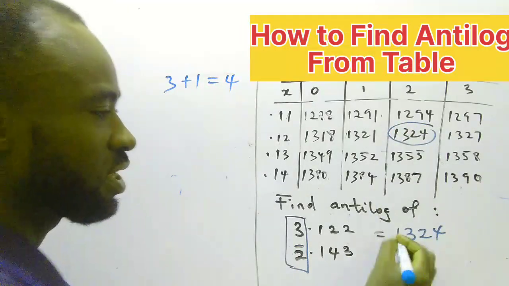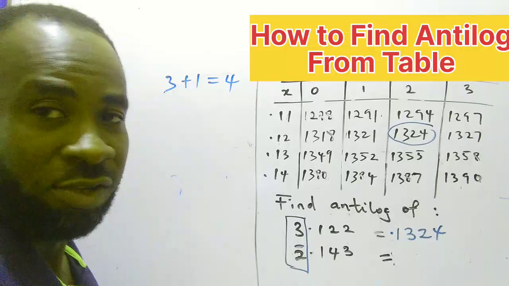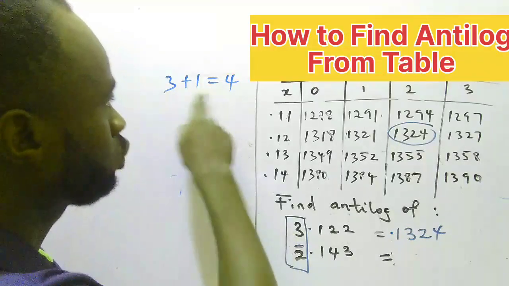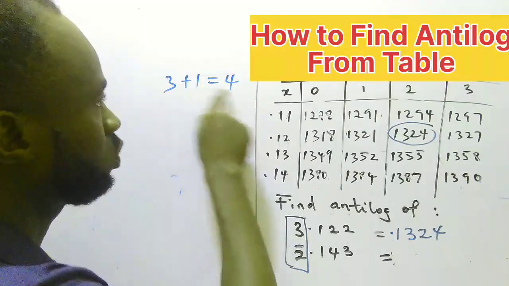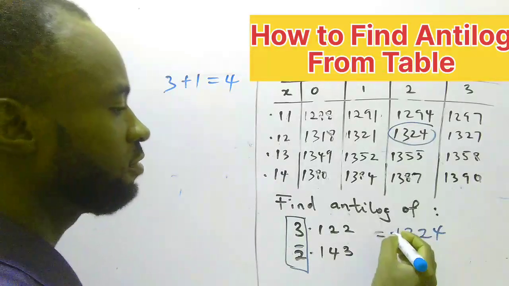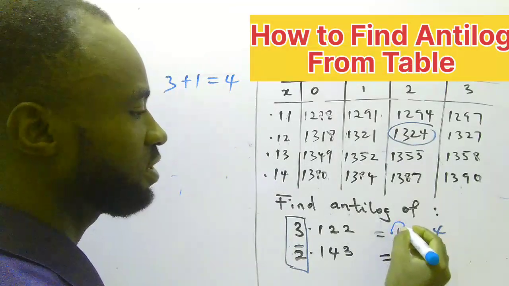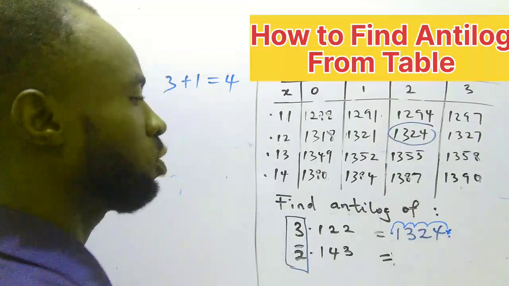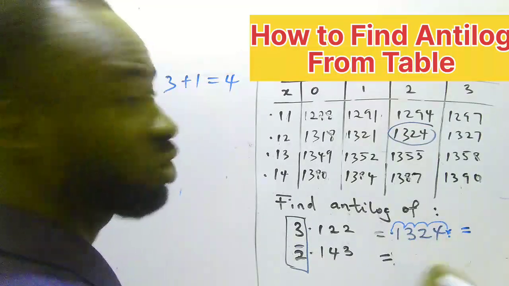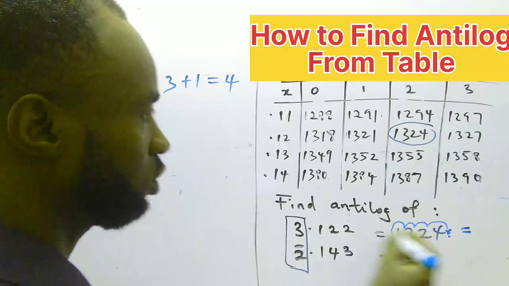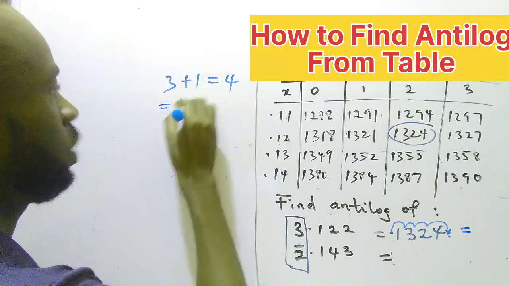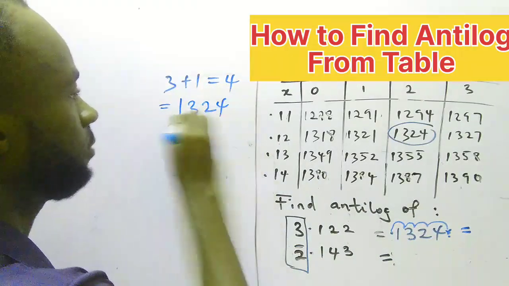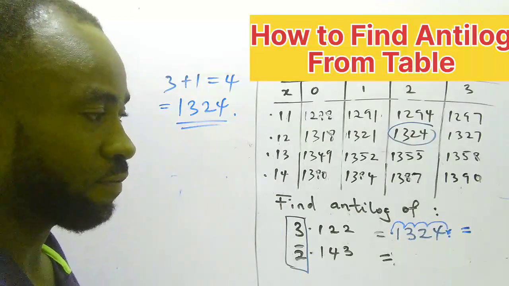Now the characteristic plus 1 is 4, so we move this point to the right 4 places. 1, 2, 3, 4. So the point will come here to stay. Which means our answer to this question is 1324. So that is the answer.